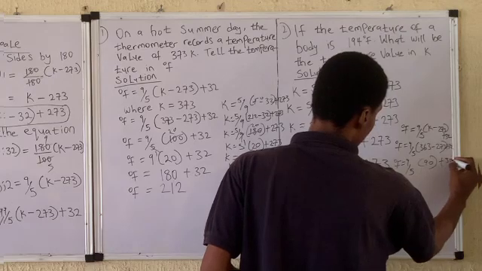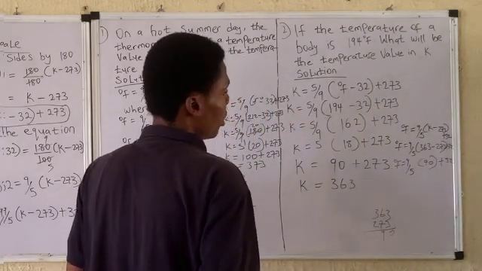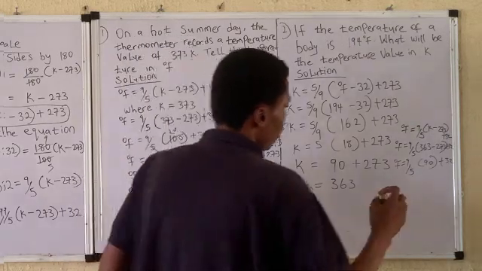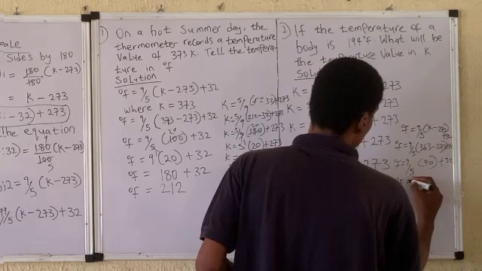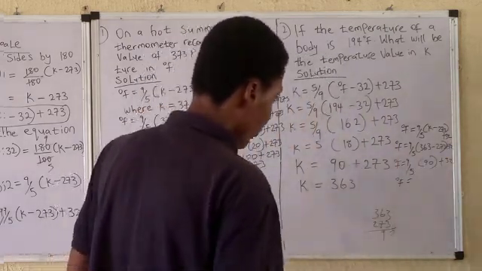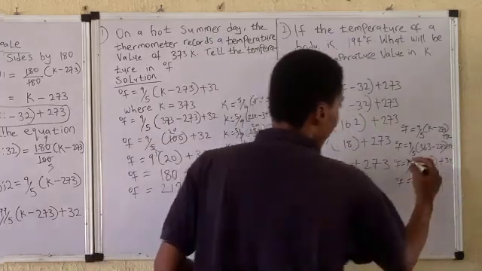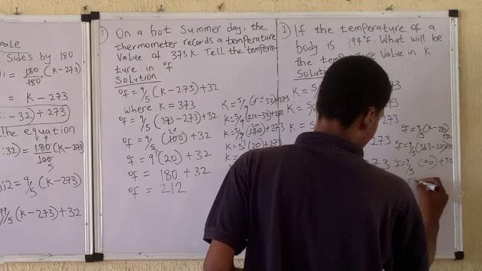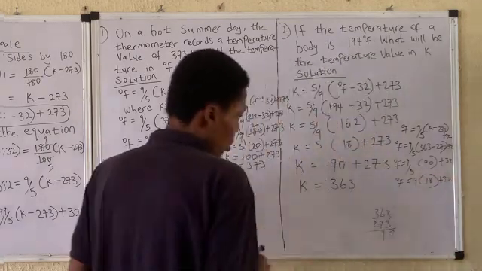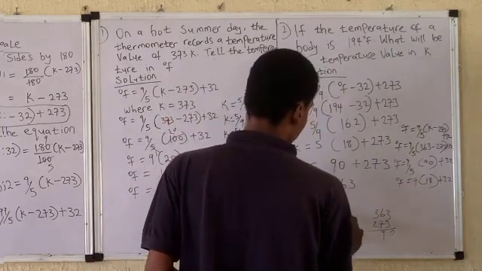Then plus 32. So what do we do here? We divide. Fahrenheit equal to 5 in 90, we have 18. So we have 9 in brackets 18 plus 32. So we multiply 18 times 9.